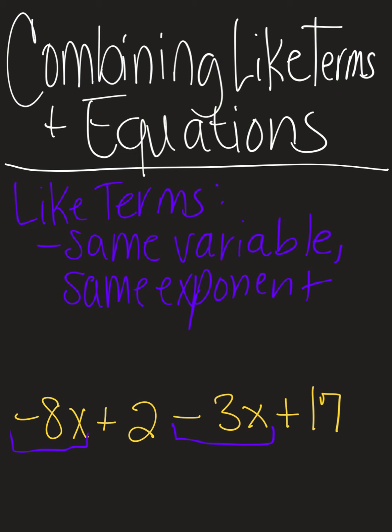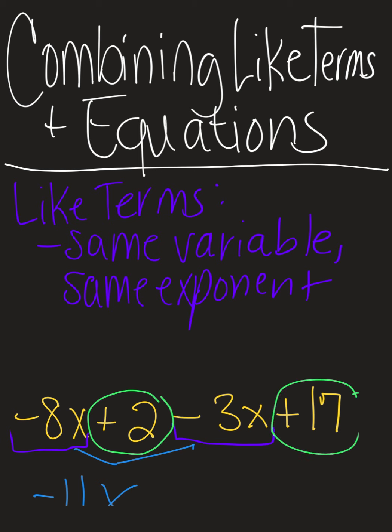They both have an x value that has the same exponent of 1 because we don't have anything else explicitly written there. So I can combine those by adding them together. Negative 8 and negative 3 give me negative 11 x's. Now I also have two more like terms, positive 2 and positive 17, and I can combine those by adding them together as well, and I get positive 19.